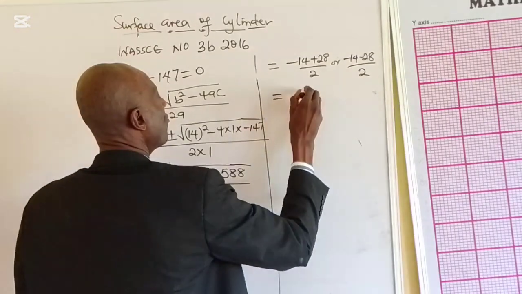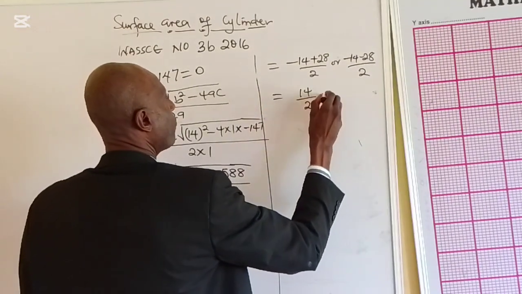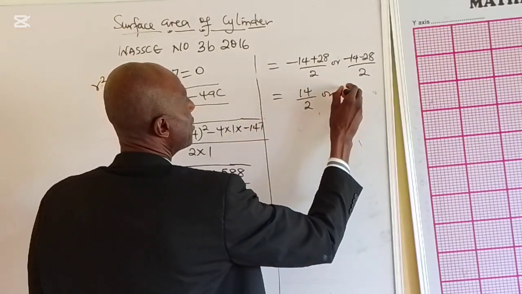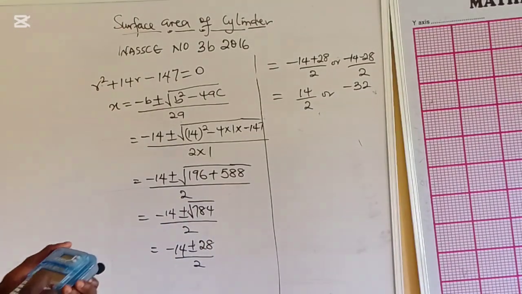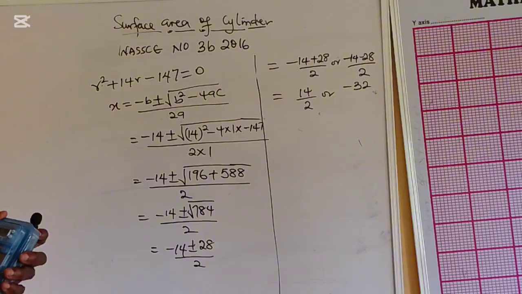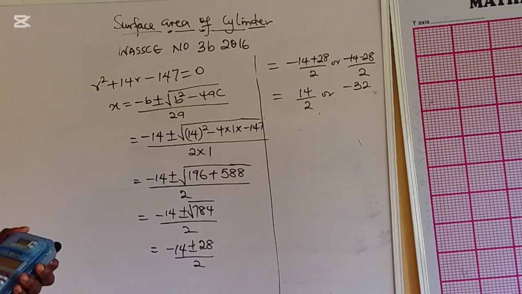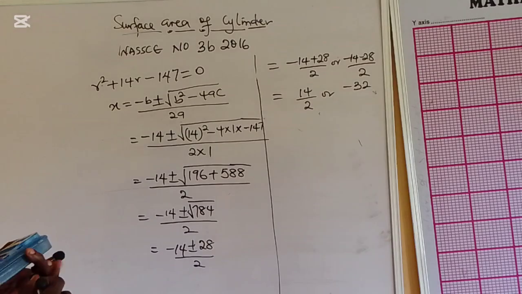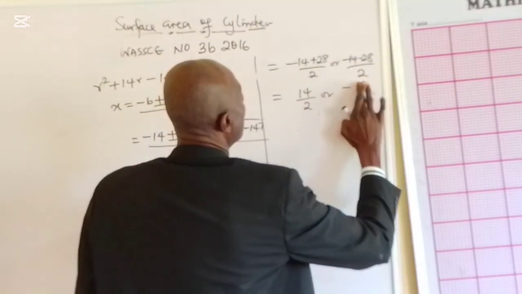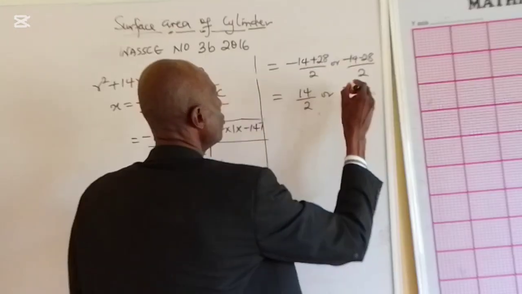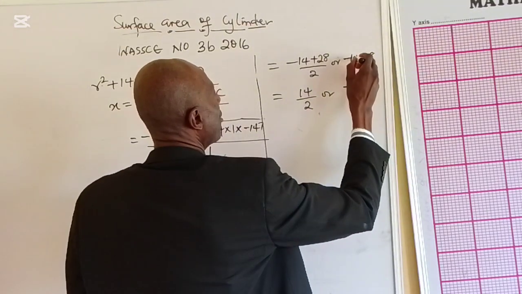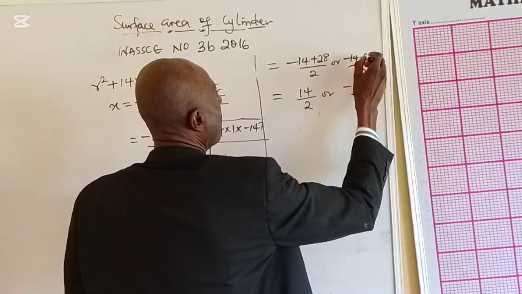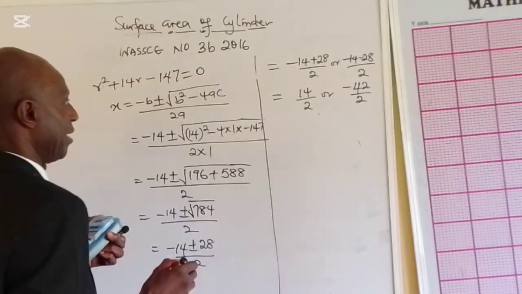So here will be 14 divided by 2. Or here gives us minus 42, sorry, minus 42 divided by 2. It's not 32, please.